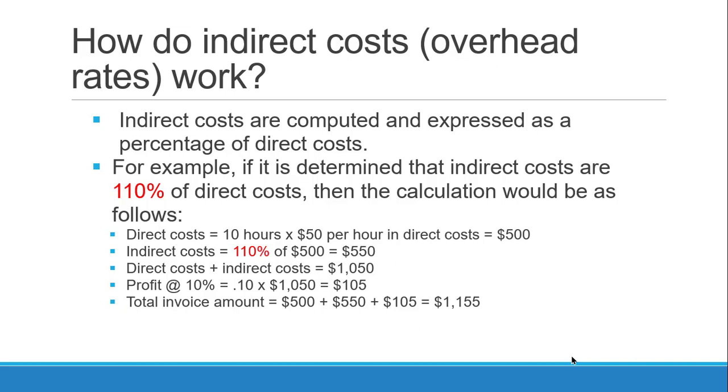Therefore, the total invoice amount in this scenario would be $1,155. That would be the amount of your invoice if you did work for PennDOT for 10 hours and that person was $50 per hour, your overhead rate was 110%, and the profit, as I said, was 10%. Again, going through the calculation, you would get a total invoice amount of $1,155.